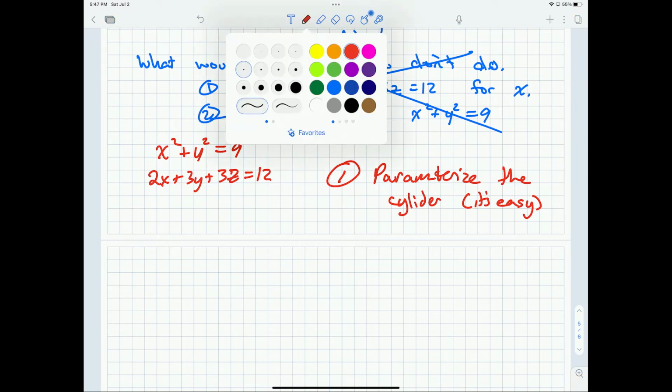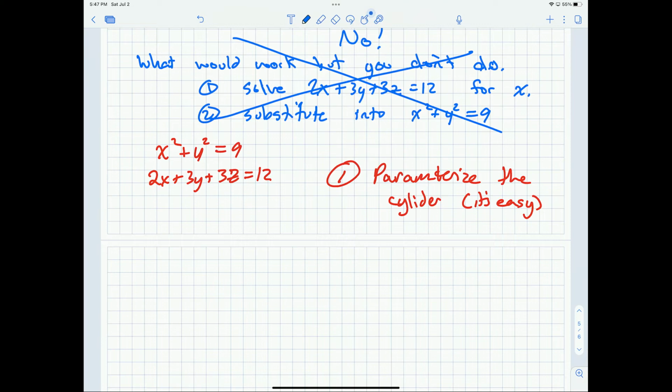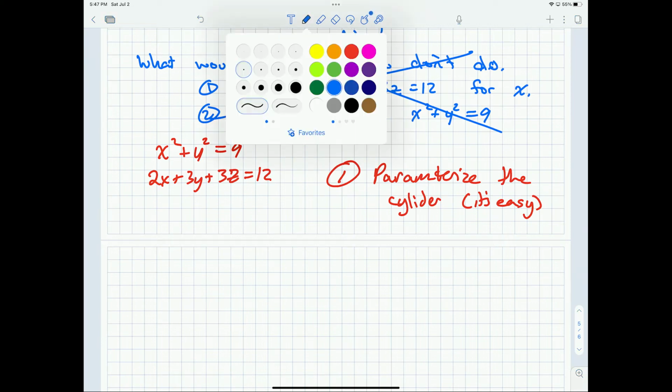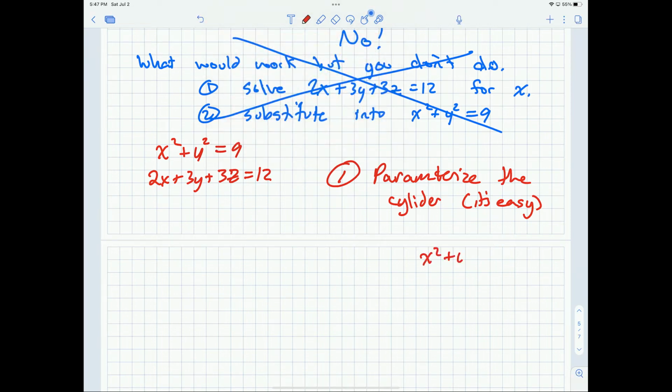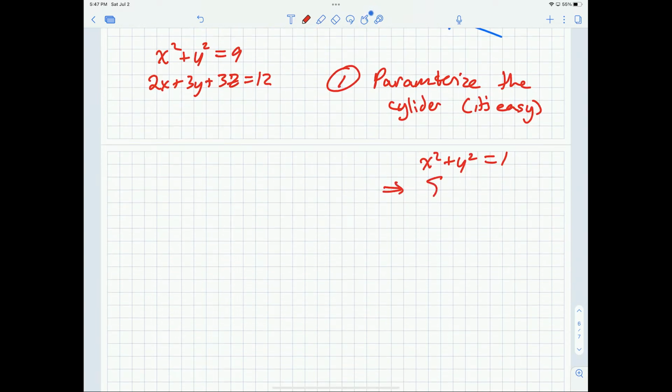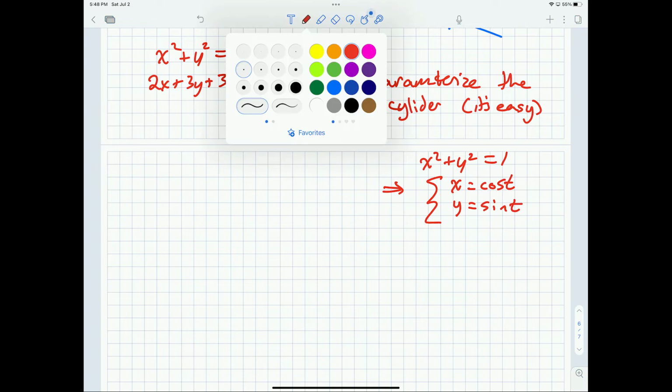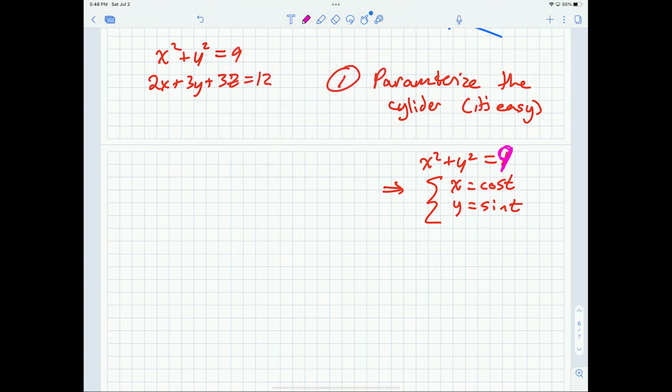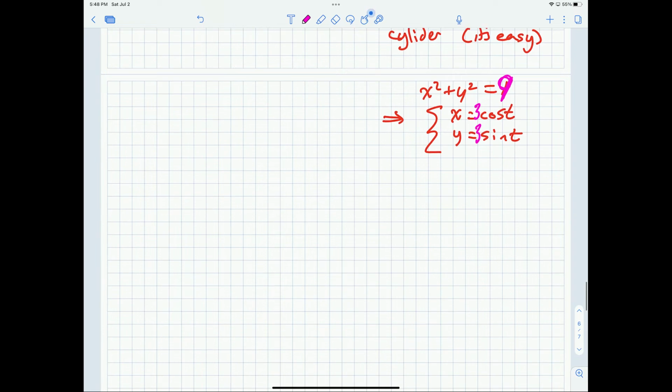It's easy because we've already done it a bunch of times. That's just a circle, right? If you had x squared plus y squared equals 1, that would give you the parameterization x equals cos t, y equals sine t. And if we want there to be a 9 here, then we just need the radius to be 3. So you put a 3 here and you put a 3 here. Okay, so you parameterize that cylinder.